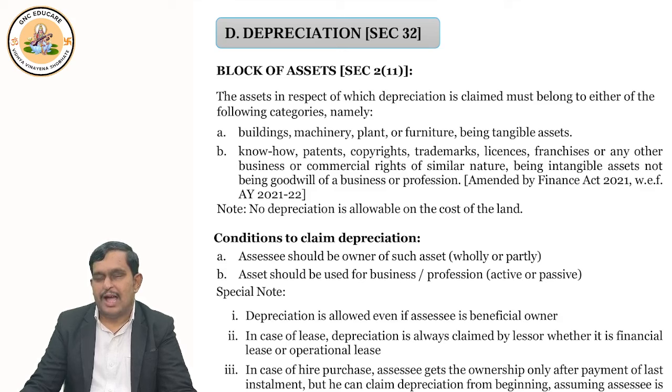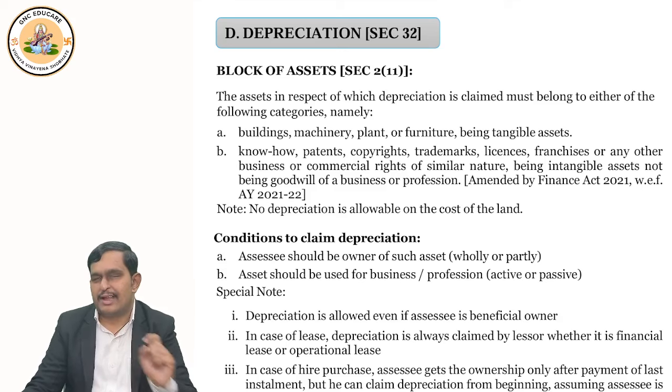Suppose, for example, I purchased a property. The property registration is done in my name. Then I am the owner because I am the registered owner. Suppose I purchased a property and in my name the property is still not registered. But sale deed is executed.